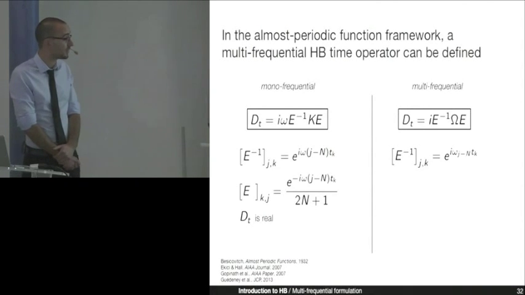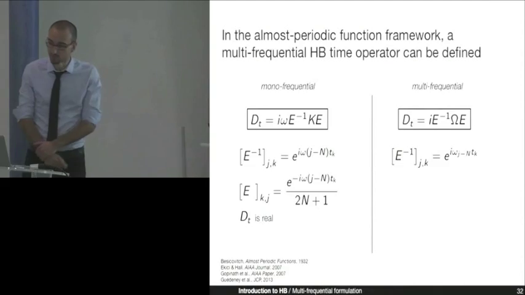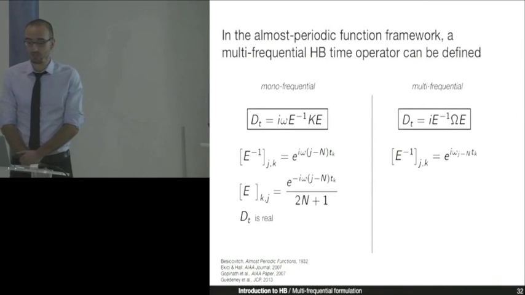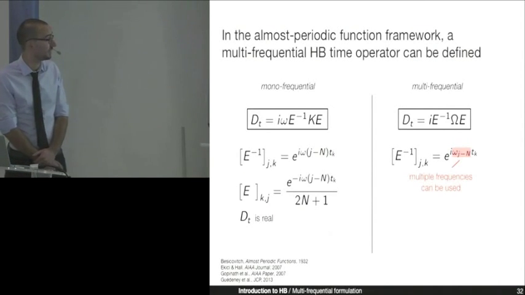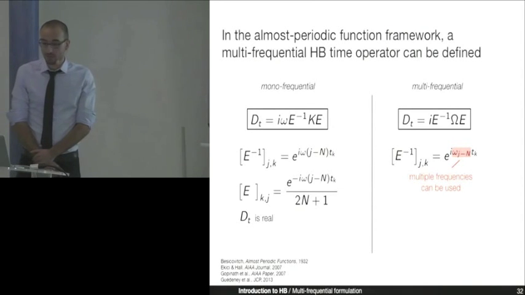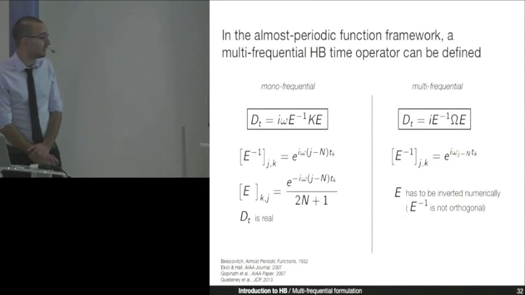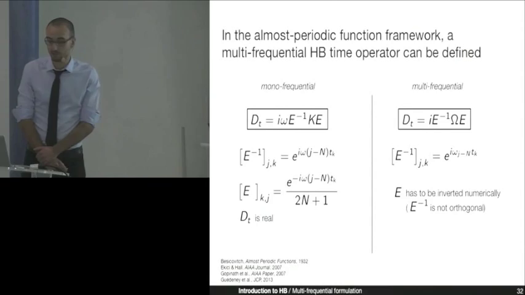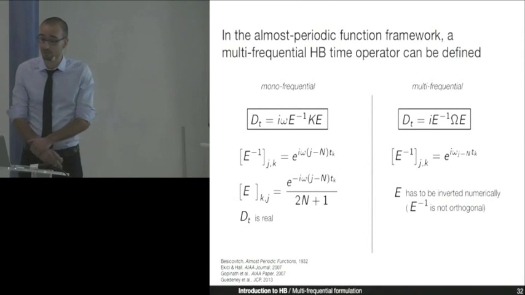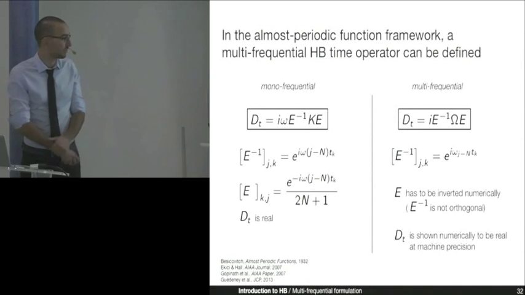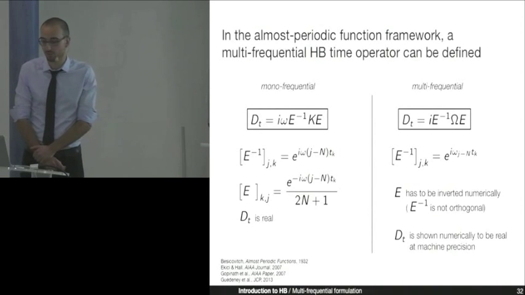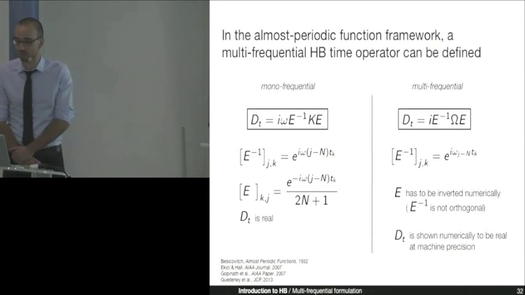The inverse Fourier matrix can be used with multiple frequencies, as you can see highlighted here in red. The problem is that the matrix E minus 1 is not orthogonal, meaning that you need to invert E to get the source term. And this can yield some problems that we will show. And actually, the source term is shown to be real, but numerically, not analytically.